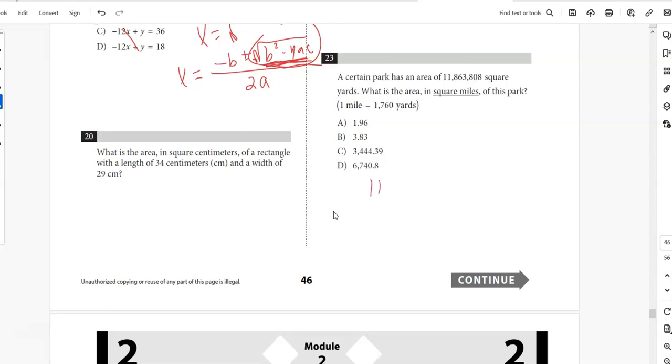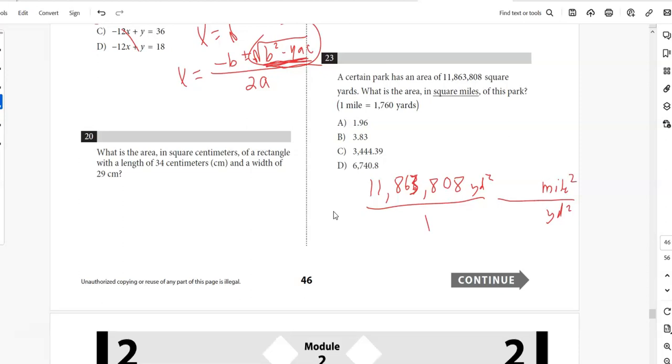Think about chemistry class, right? So here's the number, 11,863,808. So that's measured in square yards, or yards squared. So I want to convert that to square miles, right? So I need miles squared up here and yards squared down here.